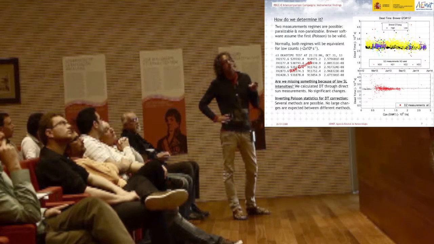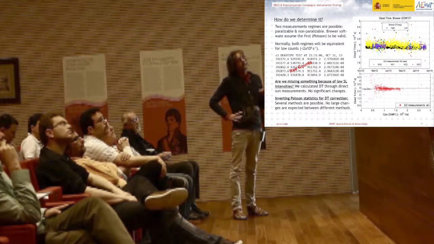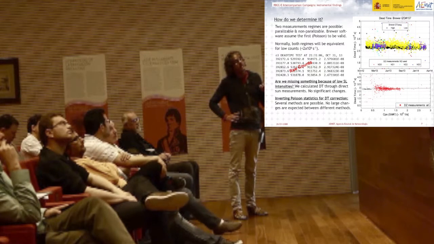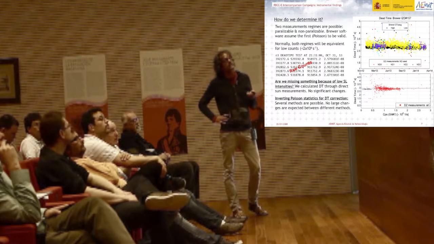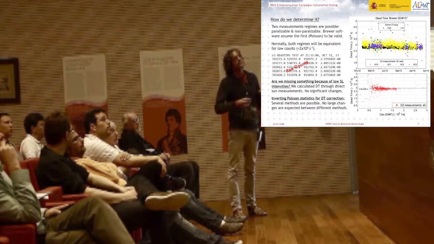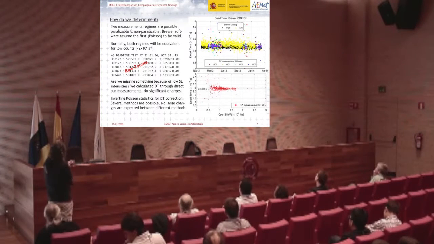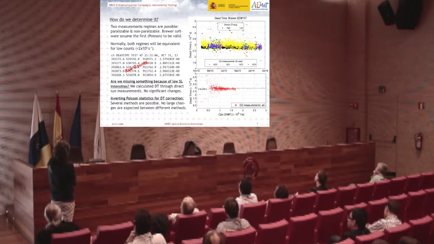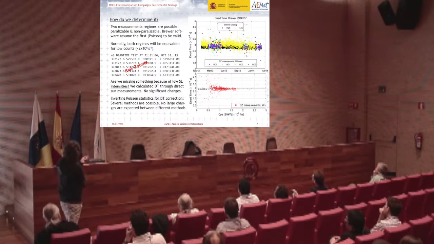In black, we have the high intensity, and in yellow, the low intensity. And then we have the dots. The dots are the results that we obtained from the modified DS routine to calculate the dead time. And we see exactly the same results, no difference between both methods. And this is for Brewer 157.